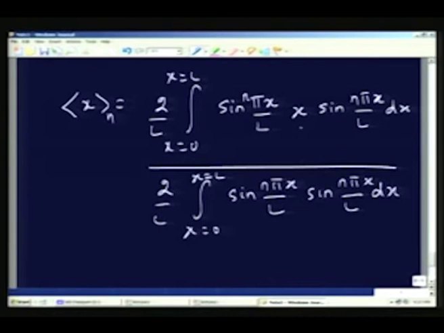Psi star A psi d tau, psi star psi d tau, that is the average value. A here is x, therefore the position operator x.